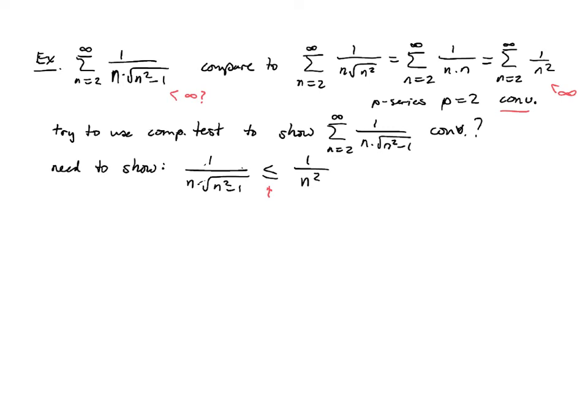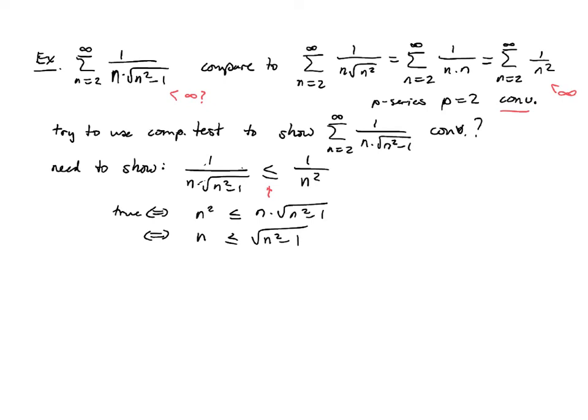Okay, so this is true if and only if n squared is less than or equal to n times the square root of n squared minus 1. And that's true if and only if n is less than or equal to the square root of n squared minus 1. That's by canceling the positive factor of n.